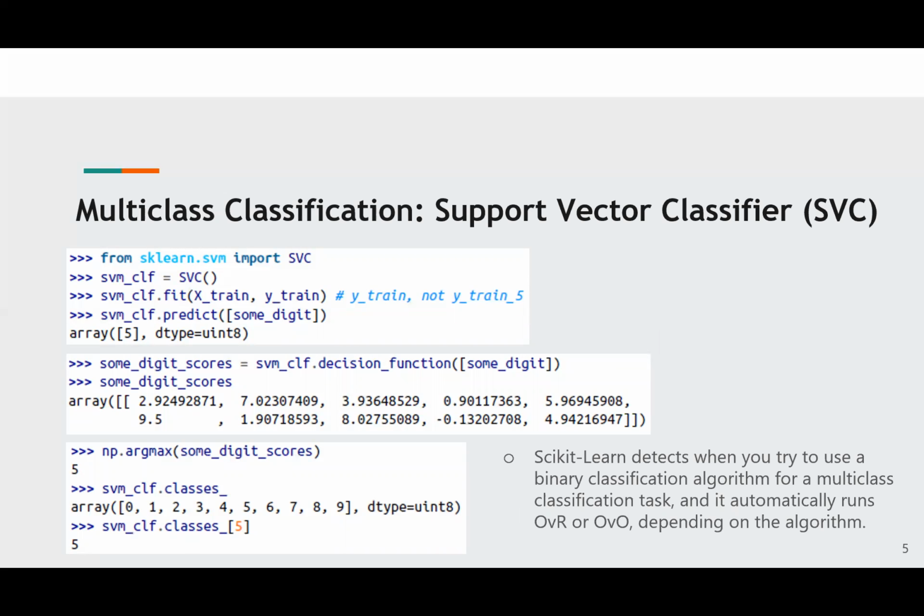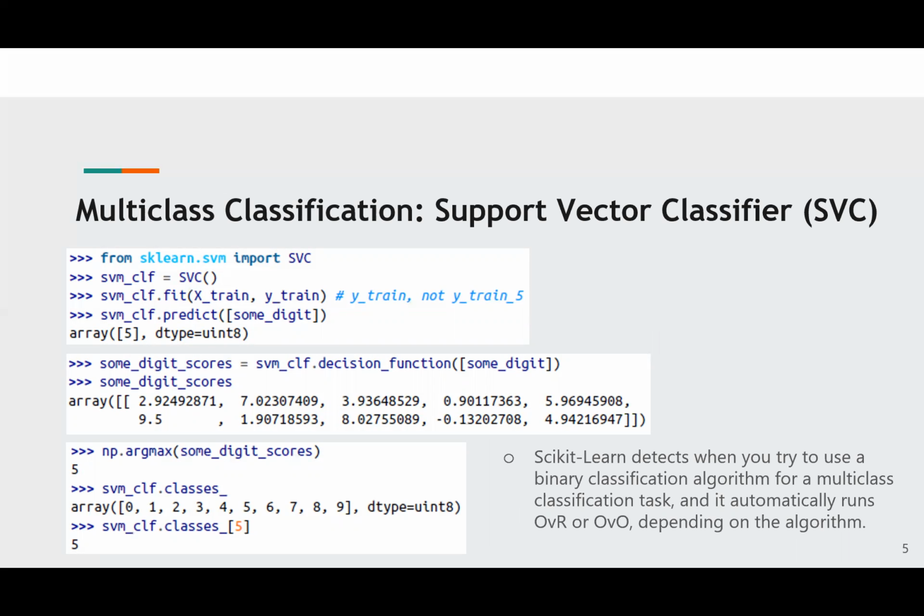Let's look at an example with SVC. So far, we actually haven't specifically told you what a support vector classifier is yet, which is something we're going to discuss in further detail in the coming weeks. But at least you can get a preliminary understanding of it.